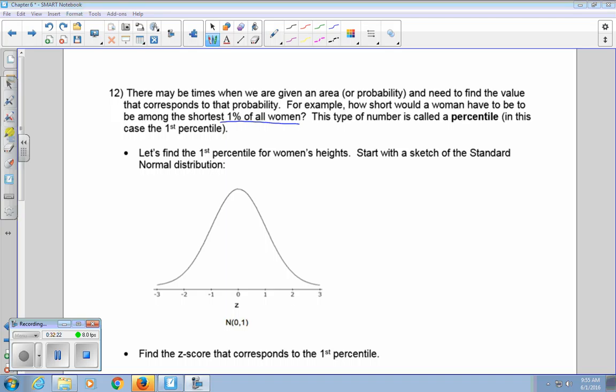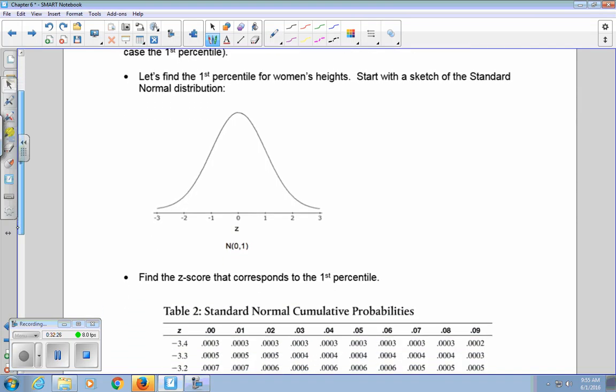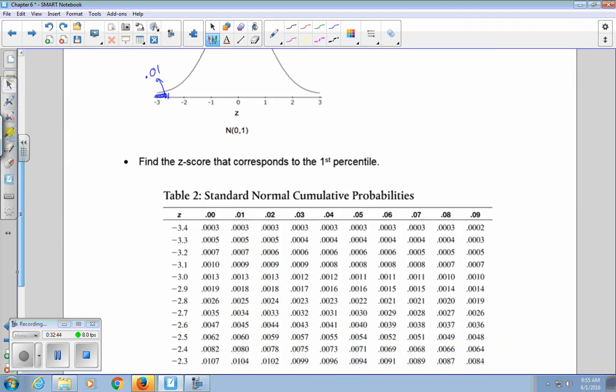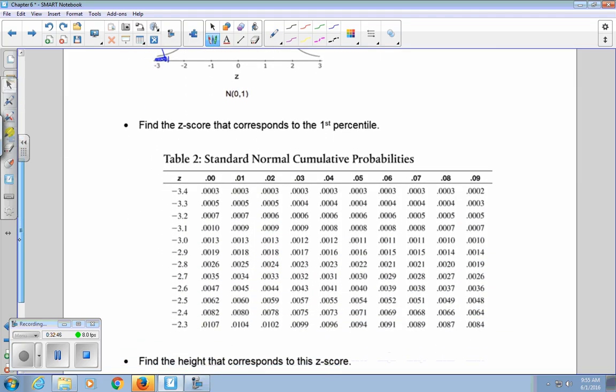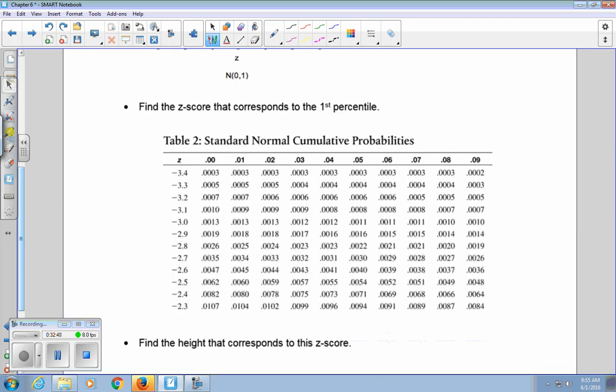Always start with a sketch of your standard normal. So the information we're given is actually the area. So we're looking for what line here would correspond to a shaded region of 0.01. So we are actually going to use our table in reverse this time to figure out what z-score corresponds to an area of 0.01.